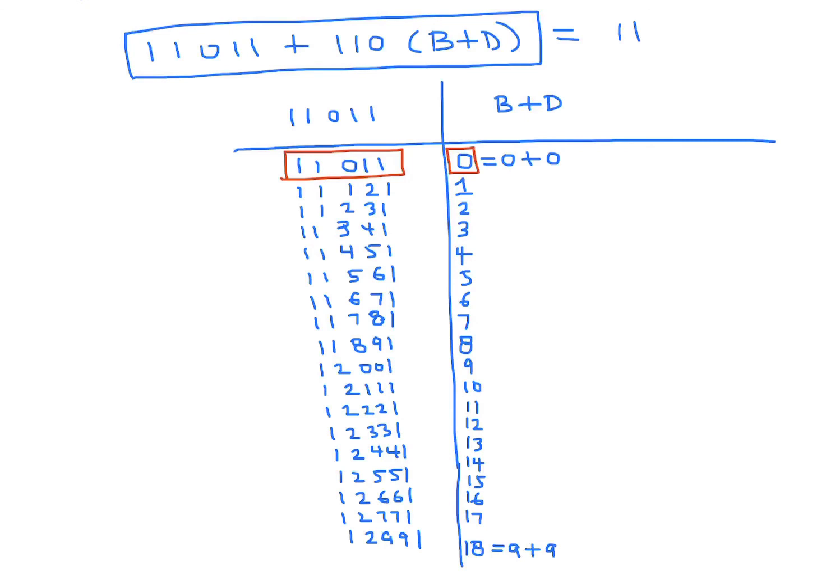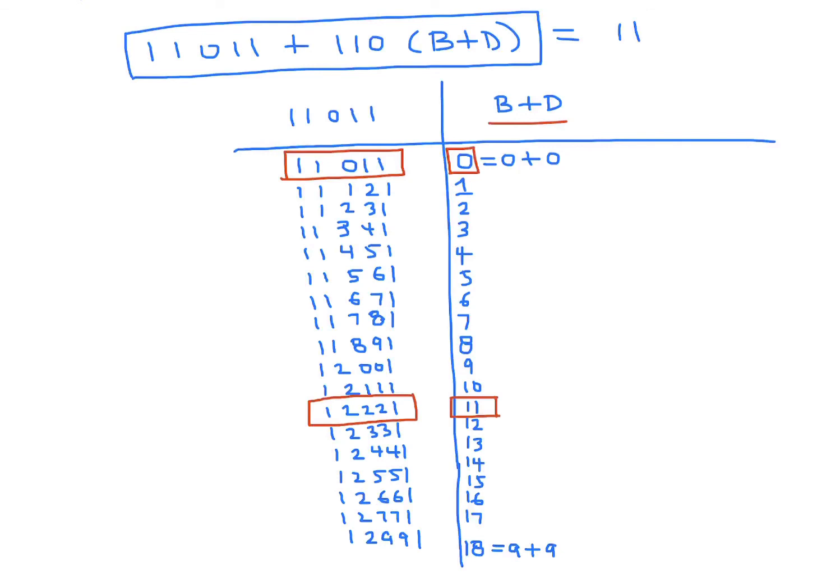So there you have it. Those are all the numbers. So how many of these result in a palindrome? Well, let's look down the list. And it looks like the only one is this one here. All the others are not palindromes. So we get a palindrome when B plus D is equal to 0 and when B plus D is equal to 11.